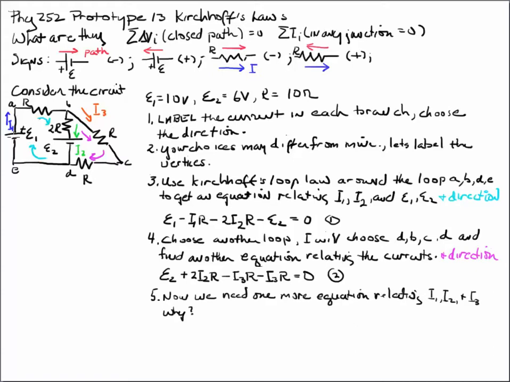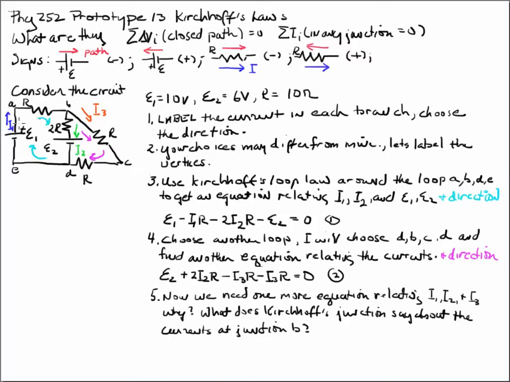Now we need one more equation relating I2, I1, and I3. Why? What does Kirchhoff's junction law say about the currents at junction B? Pause the video, think about the question, and write down your answer.